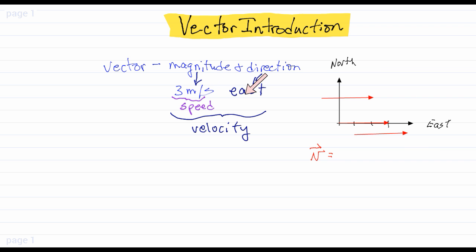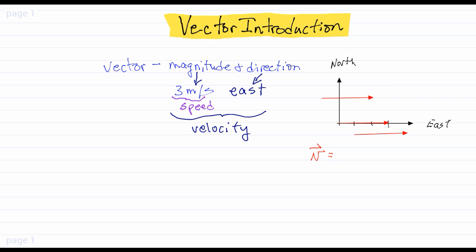We want a better way of representing a vector, and the way we can do that is to write down how these vectors are moving in each of these directions. So here we have 2 perpendicular directions. We have east and north. The east could easily be x and north could be y, and what we really care about is how far this vector goes in each of these 2 perpendicular directions.